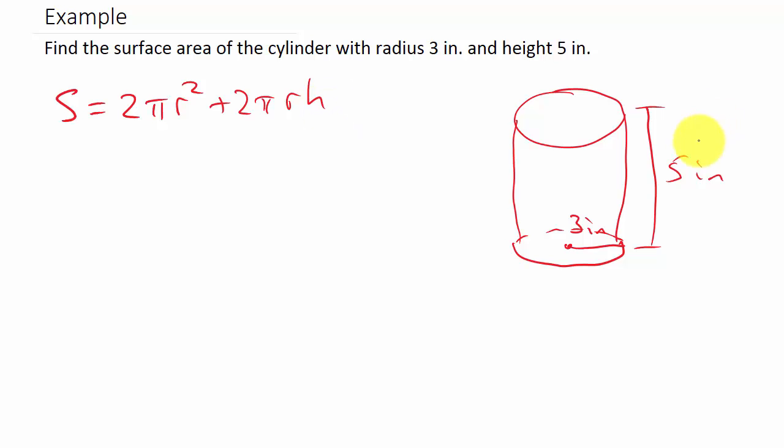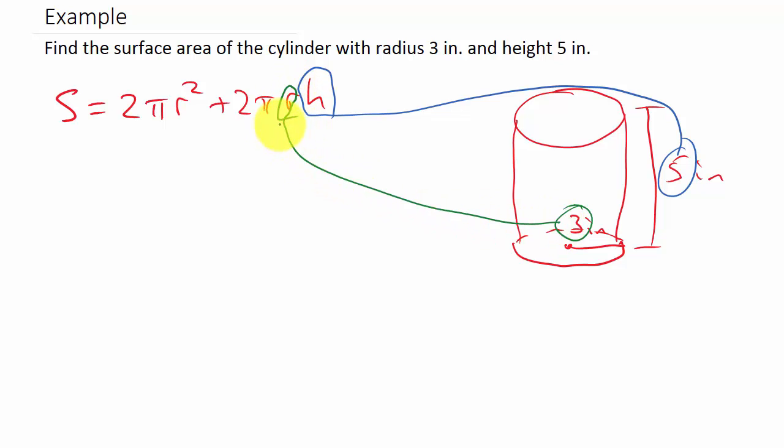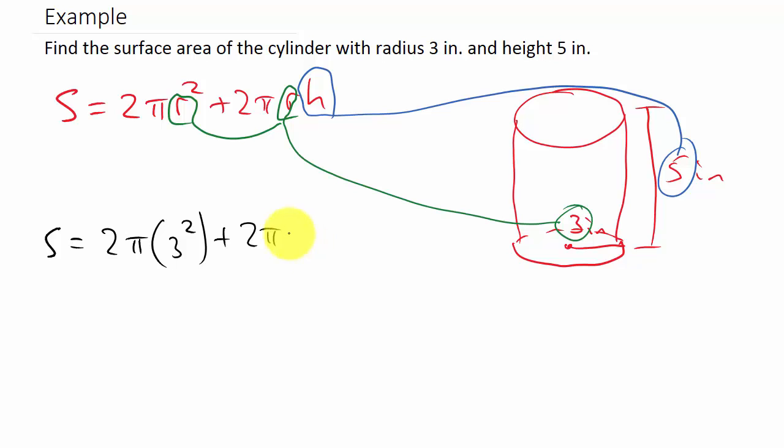For this problem, we're going to plug in the 5 for h, and we'll plug in the 3 for r here and here. So the surface area is 2 pi times the radius squared, which is 3, plus 2 pi times the radius times the height.